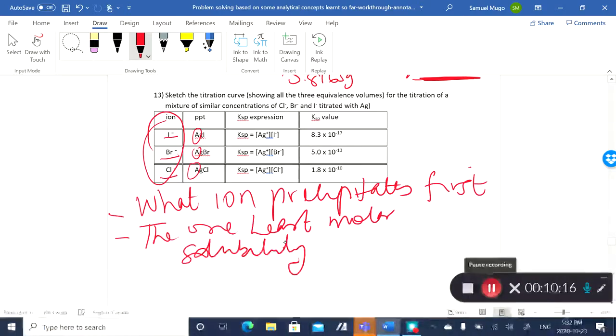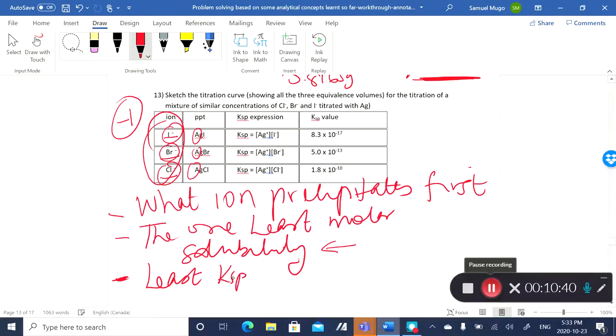Now, because here we are dealing with monovalent ions, all of them are in the same valency. The valency is -1. We don't really need to calculate the molar solubility. Instead, we can determine the ion that precipitates first simply by looking at the least KSP. So the one with the least KSP precipitates first.